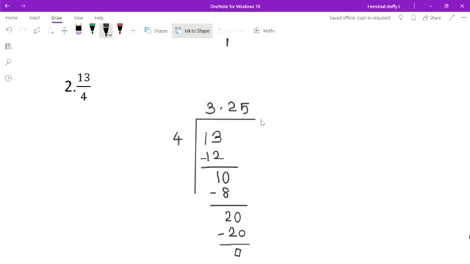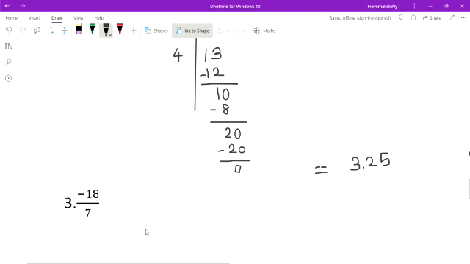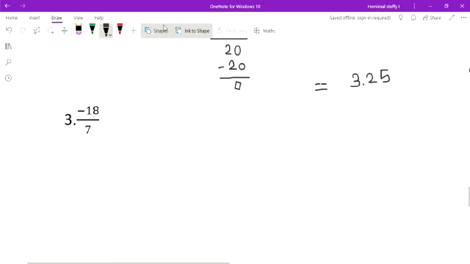So the answer of this number is equal to 3.25. Okay, then next sum, minus 18 by 7. Same thing, we're going to take the decimal value.